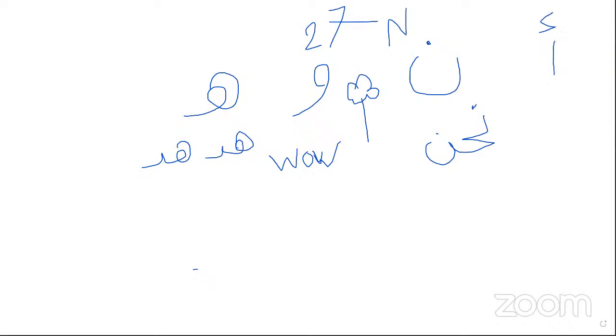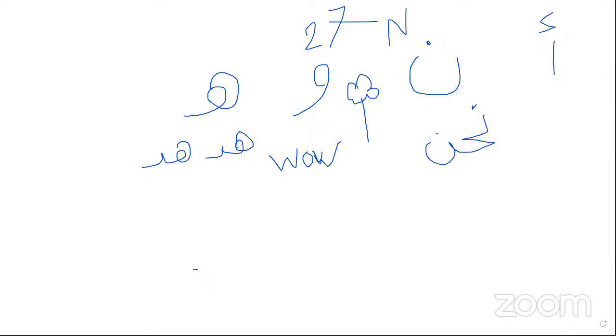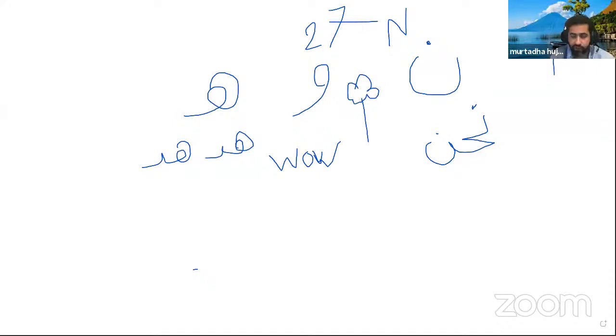So who is he? Hiya is she. Yes, hiya. And hum is them. So I'll give the example about he playing, she playing, they are playing.